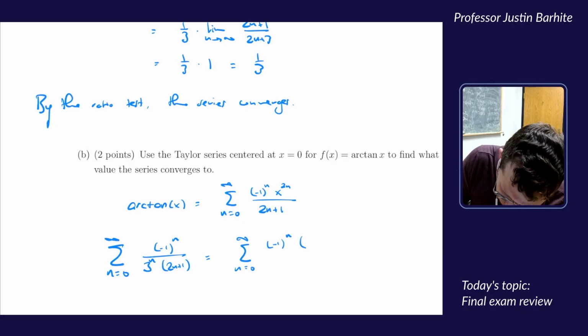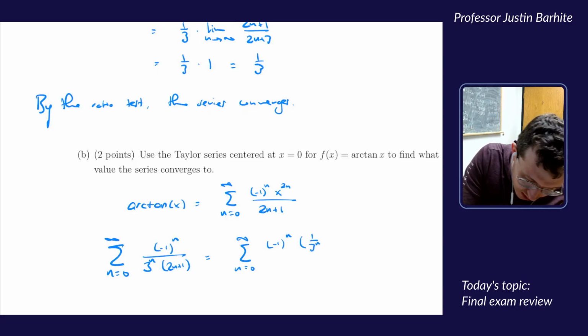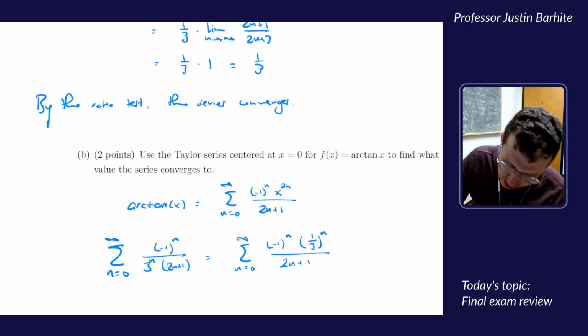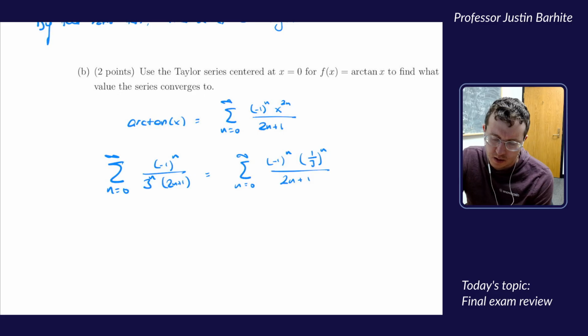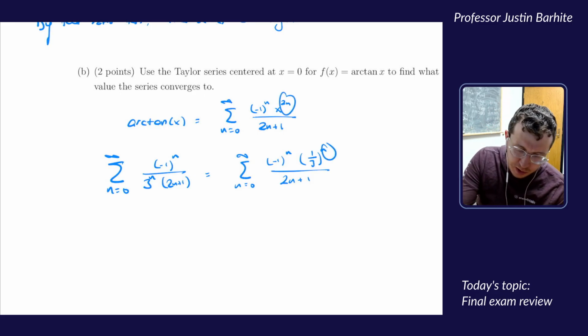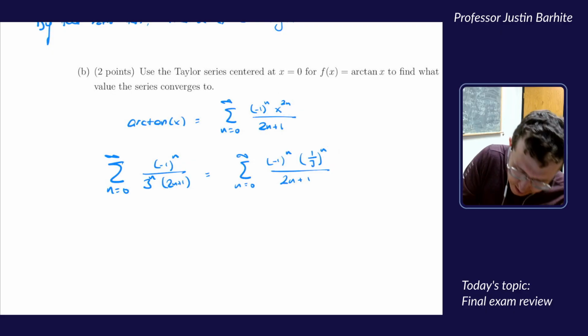So what if I bring that 3 to the n up into the numerator? And maybe let me even write that as 1/3 to the n. Now this almost matches up, except there's a 2n and an n.